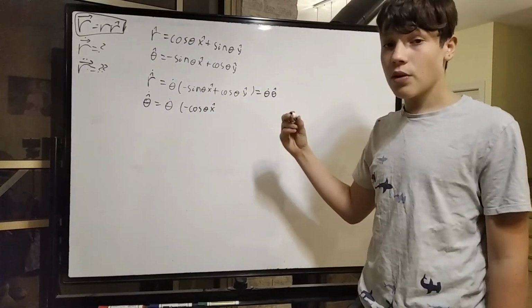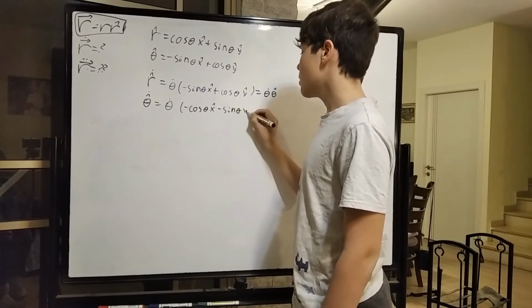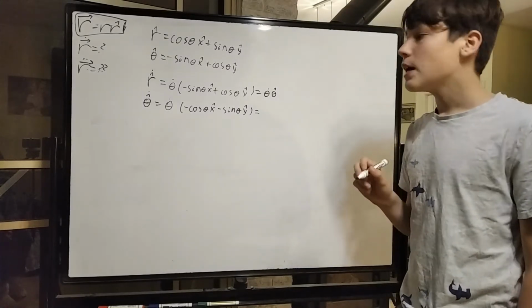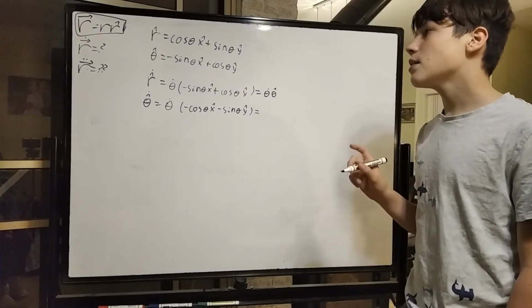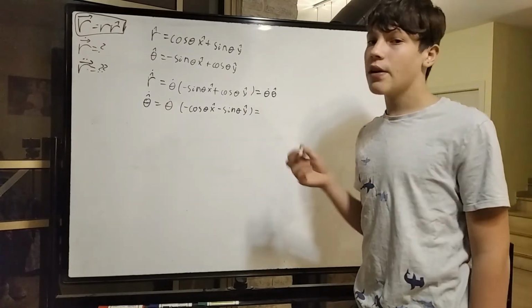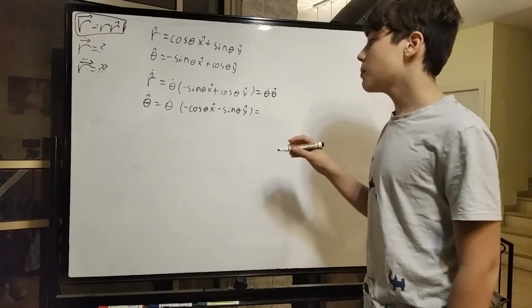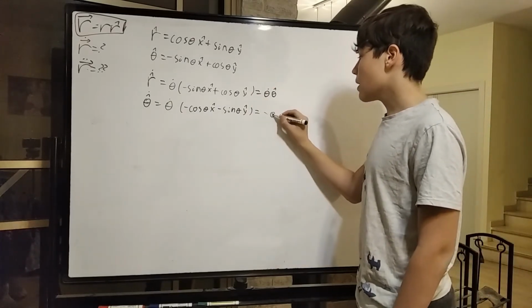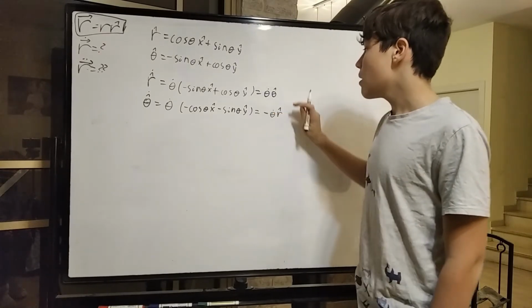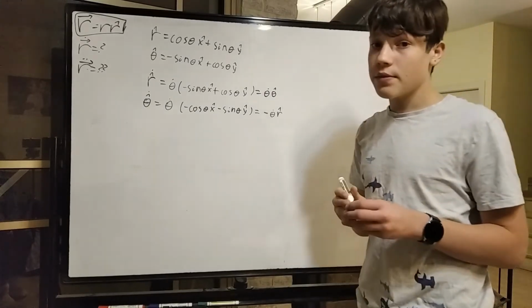And the derivative of cosine is negative sine, so negative sine theta y hat. Does this remind you of anything? Yes. This time it's not r hat, this time it's not like here. When it's the other base vector, it's negative the other base vector. So this is negative r hat, and multiplied by theta dot, this is negative theta dot r hat. These are the formulas for the derivatives of base vectors.